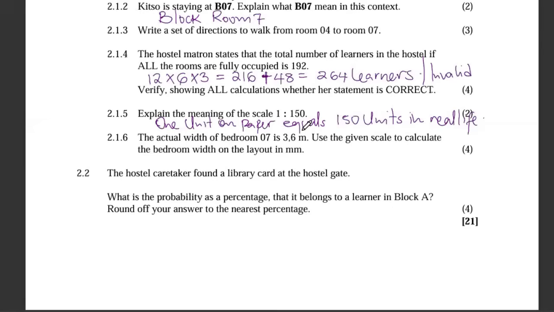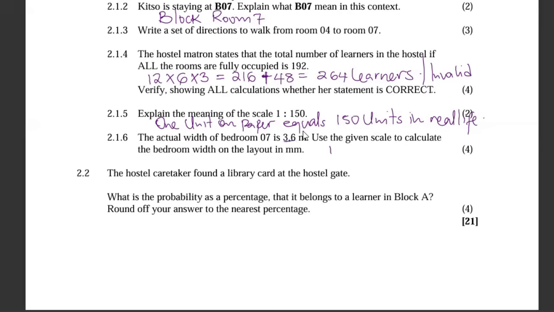2.1.6. The actual width of bedroom 7 is 3.6 meters. Use the given scale to calculate the bedroom width on the layout in millimeters. Okay, what we're going to do, this is the in real life.